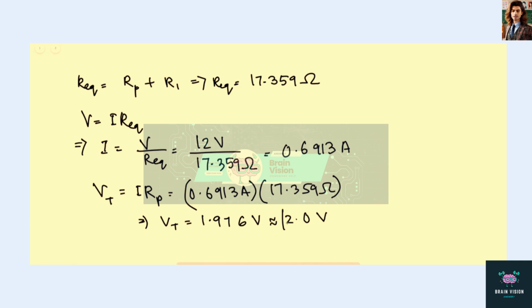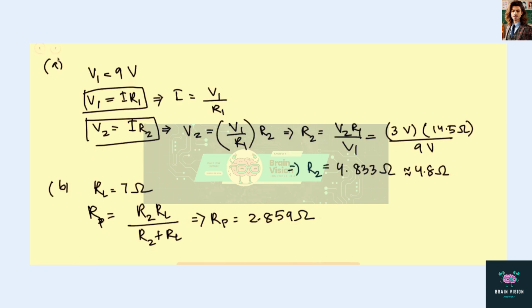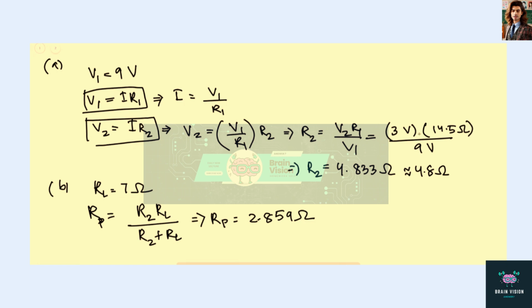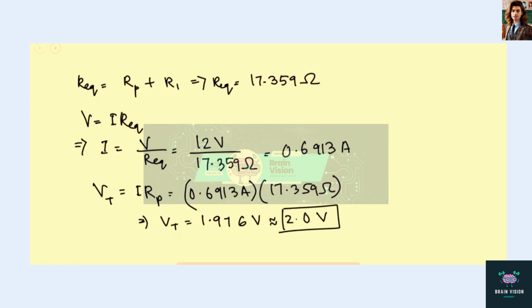And so now we have VT as 2 volts, whereas before, when there was no load resistance, we had the terminal voltage to be 3 volts. Therefore, we can see that the presence of the load has affected the terminal voltage significantly.